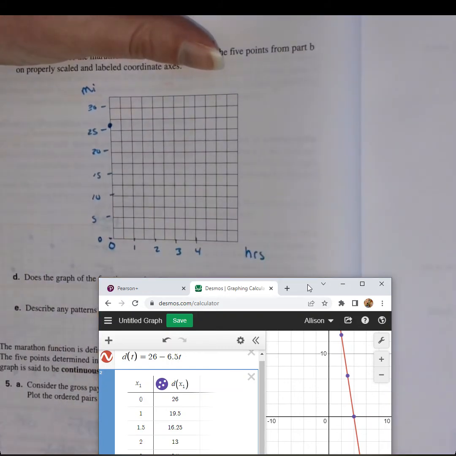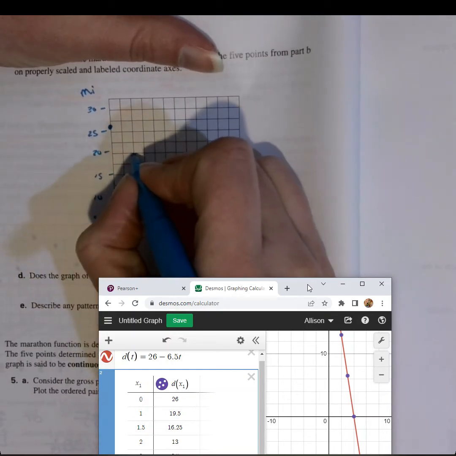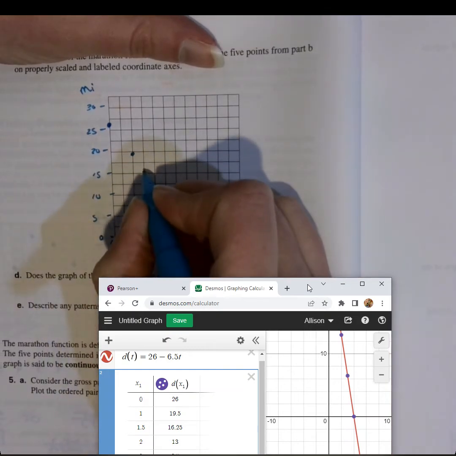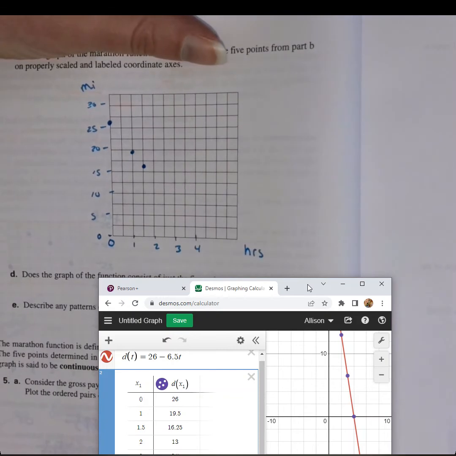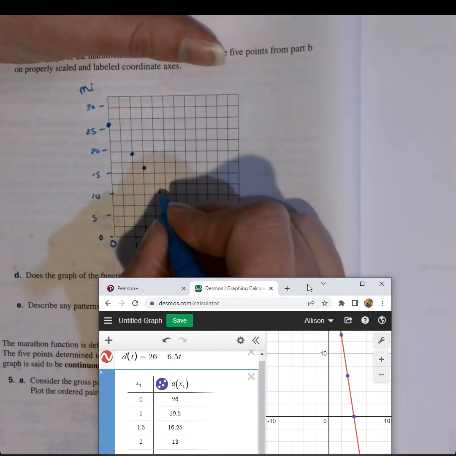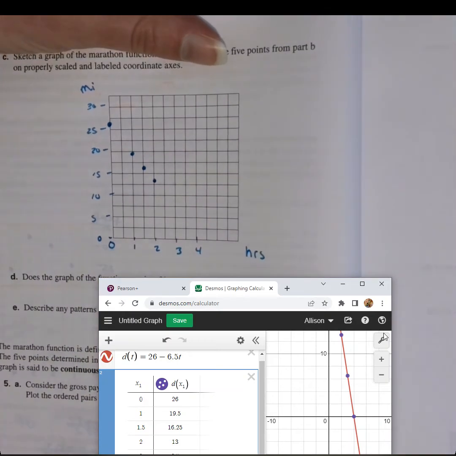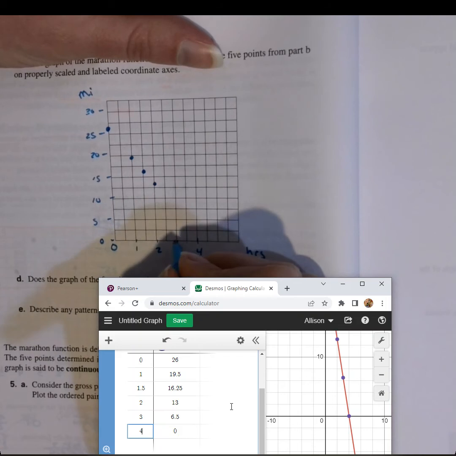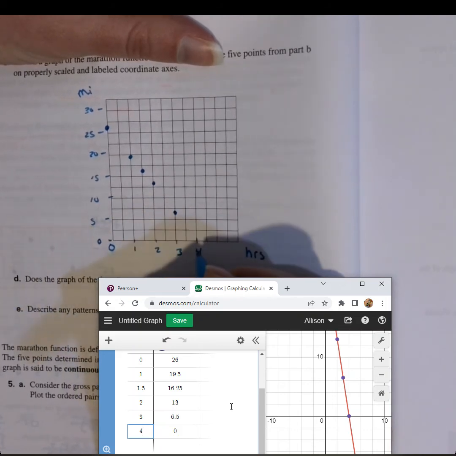Then 1 and 19.5. 1.5 and 16.25. Then 2 and 13. 3, 6.5. And 4, 0.